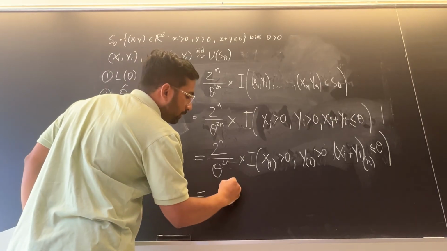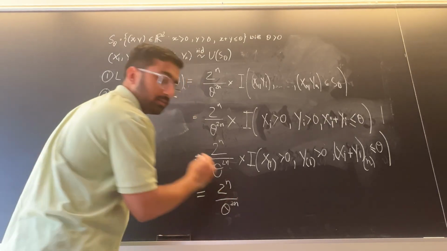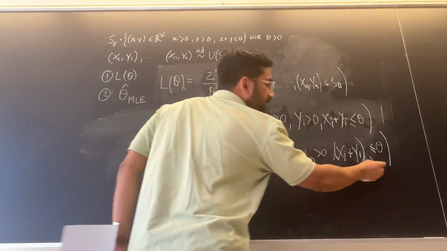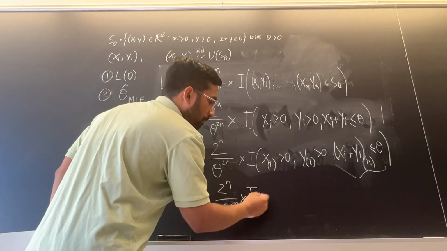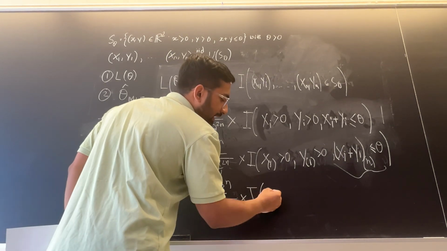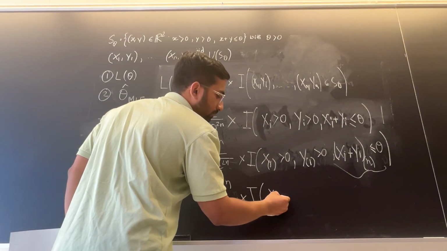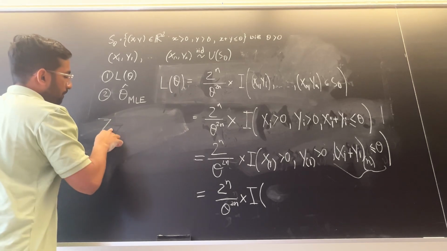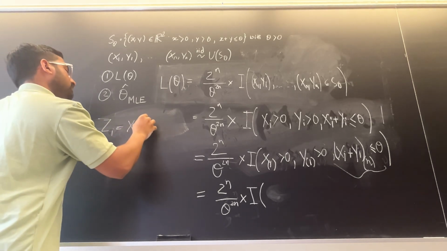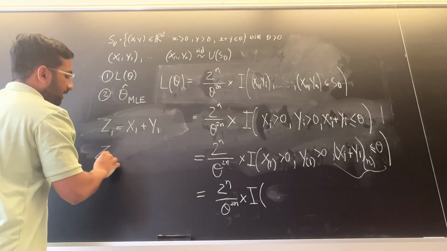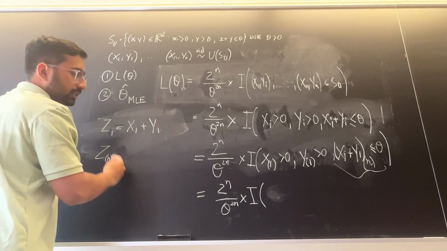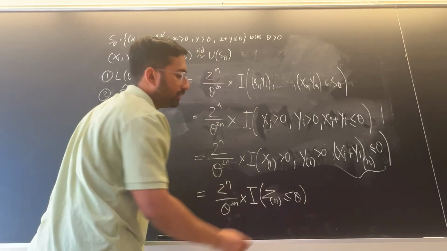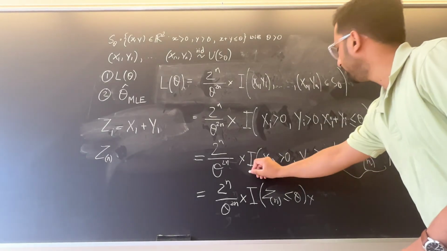So we will have 2 to the power n divided by theta to the power 2n times this indicator, which is the part dependent on theta: the indicator that Z of n, the max, is less than or equal to theta, times the rest of the stuff.